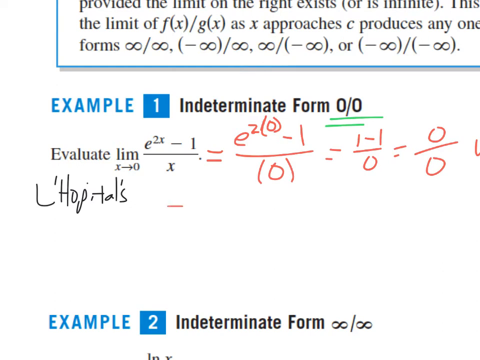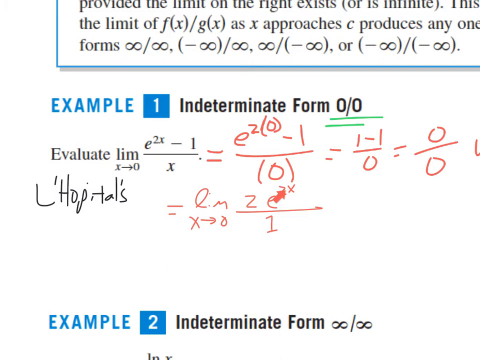So this limit is equal to the limit as x goes to 0 of the derivatives. Well, what's the derivative of x? 1. The derivative of the top? Well, we're going to need that. That 1 goes away. Chain rule here. The derivative of the inside is 2 times e to the 2x. Remember, when we find limits, our ultimate goal is to do direct substitution.